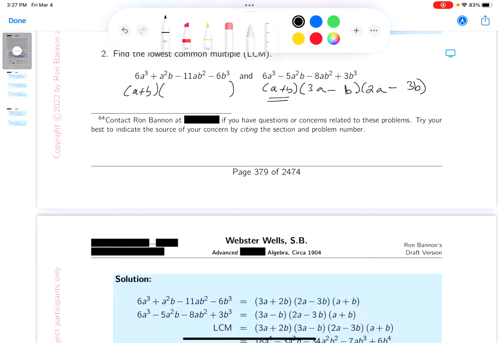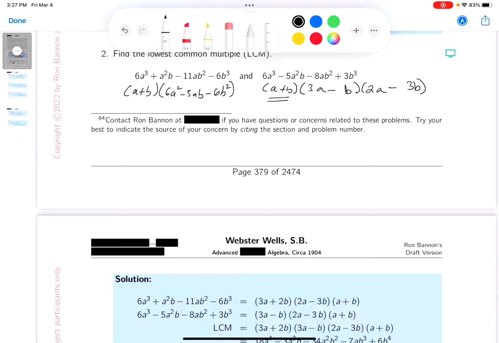Now, what I'm going to claim over here is you're going to have to do another long division. Right? Another long division. And if you did the long division, what you're going to find is 6a squared minus 5ab minus 6b squared.